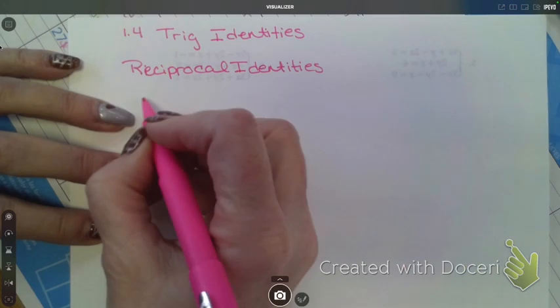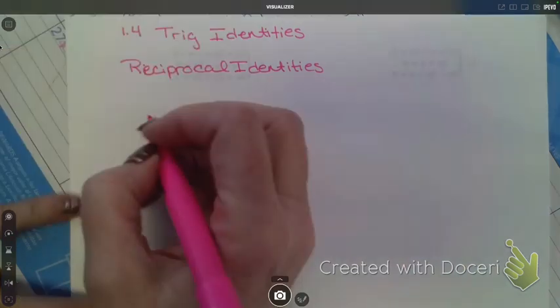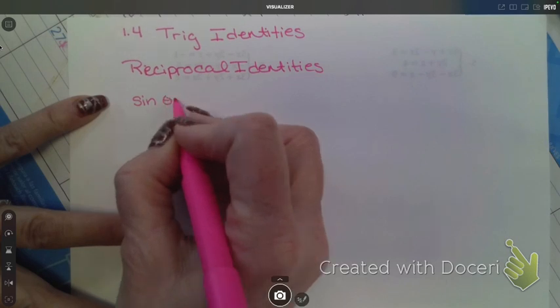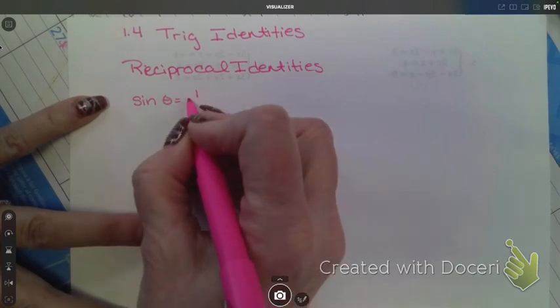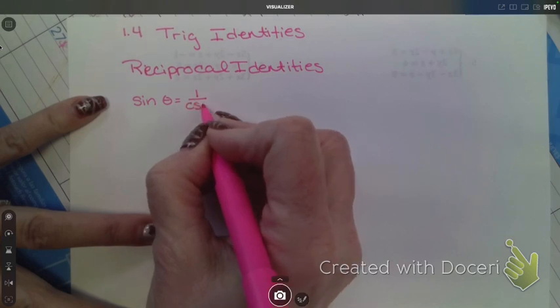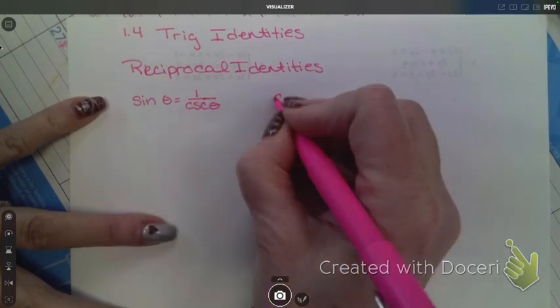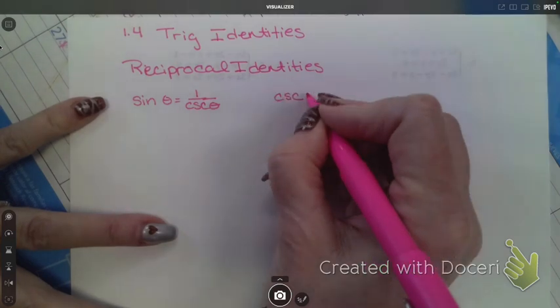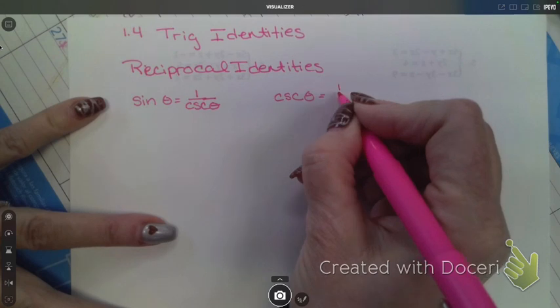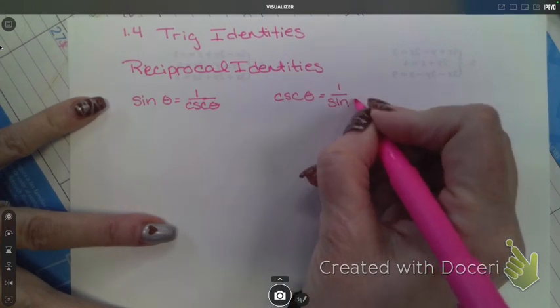The secant, cotangent. Okay, so sine of theta is equal to 1 over cosecant of theta. And cosecant theta, reciprocal, is equal to 1 over sine of theta.